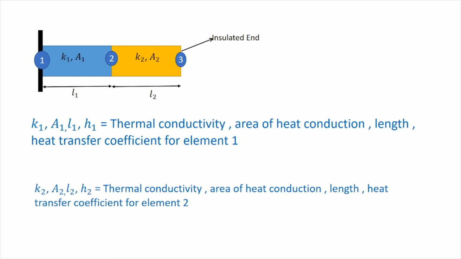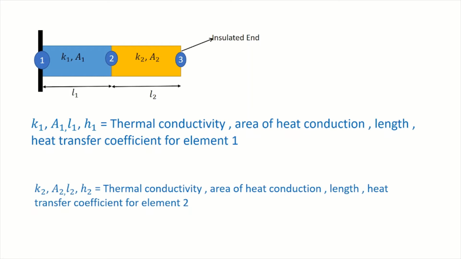So this is the basic finite element equation, force equals K times T, and we will find the individual matrix for this. Got it? So this is our insulated end. As I told earlier, conductivity is K1 A1, conductivity is K2 A2, and length is L1, L2. Got it? So this is the nomenclature of my system.